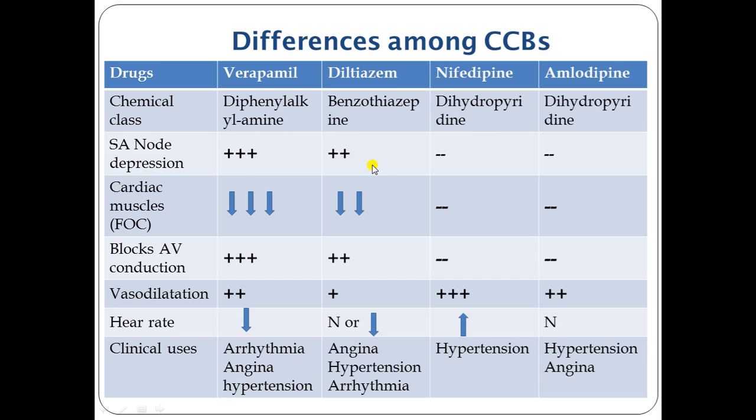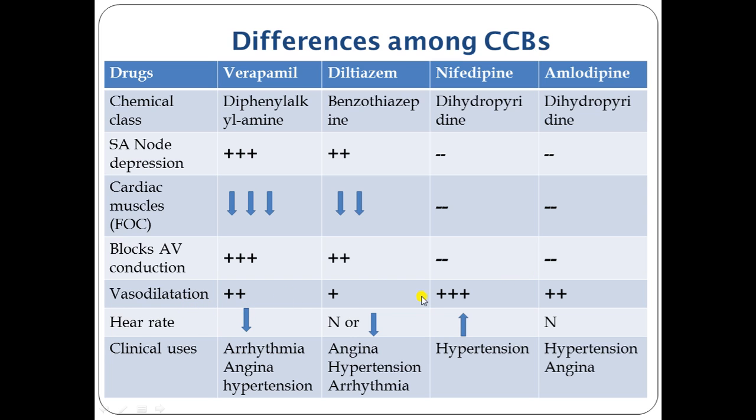Diltiazem has intermediate action, and DHPs, dihydropyridines, do not have any cardiac action. Force of contraction is reduced most with verapamil, then diltiazem, while nifedipine and amlodipine do not have that action. Blocking of AV conduction is highest with verapamil, intermediate with diltiazem, while nifedipine and amlodipine do not have this action.